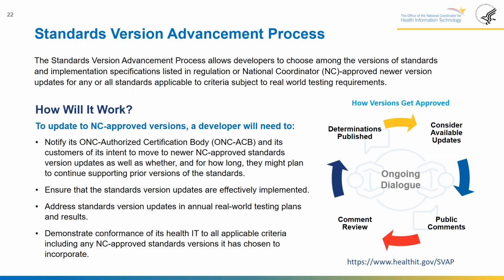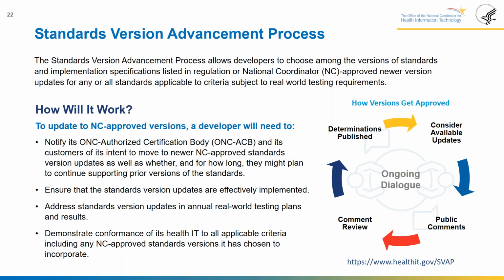So an important maintenance requirement to highlight with this condition is it's called the standards version advancement process. And basically the hope here is to let the market lead, which is we don't wait on regulations to be able to move on to newer and improved versions of standards and implementation specifications.